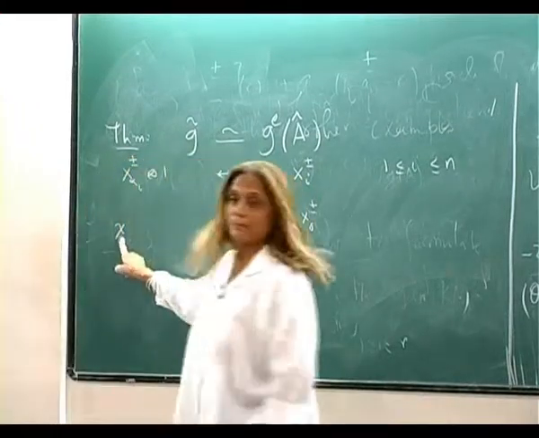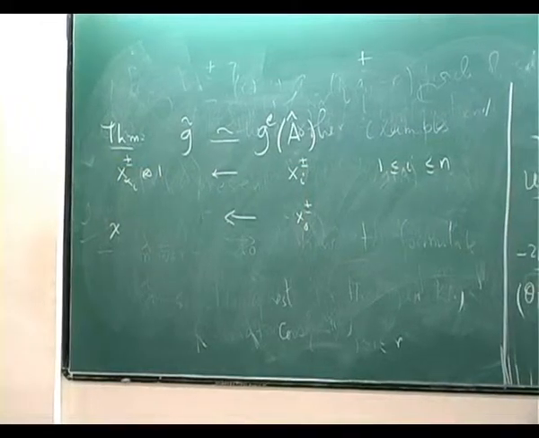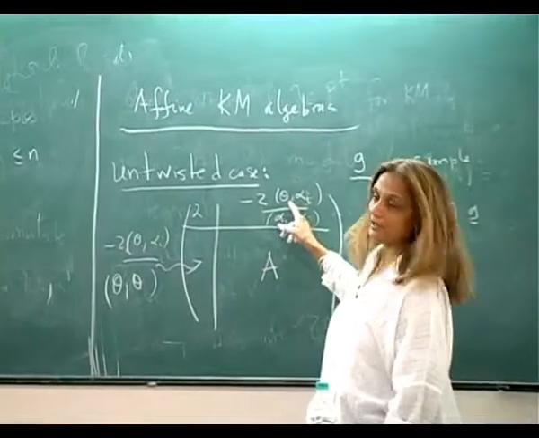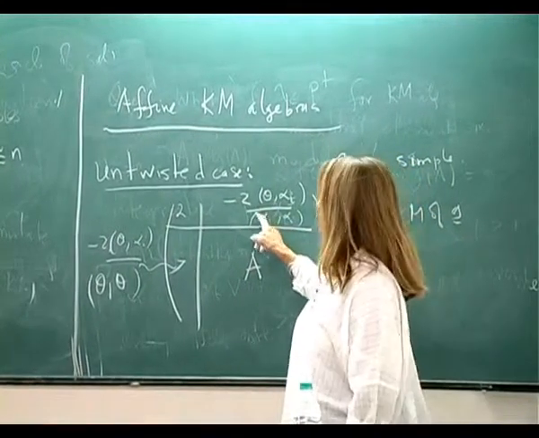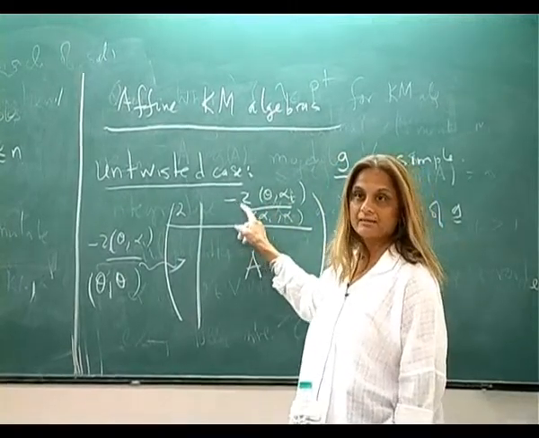So what should I put over here? What I put over there should obviously, so these things just used up my alpha i's, right? What I should put over here should somehow involve my theta, because that I haven't used so far. And in fact, it should involve minus theta, because of this minus sign that I have over there.